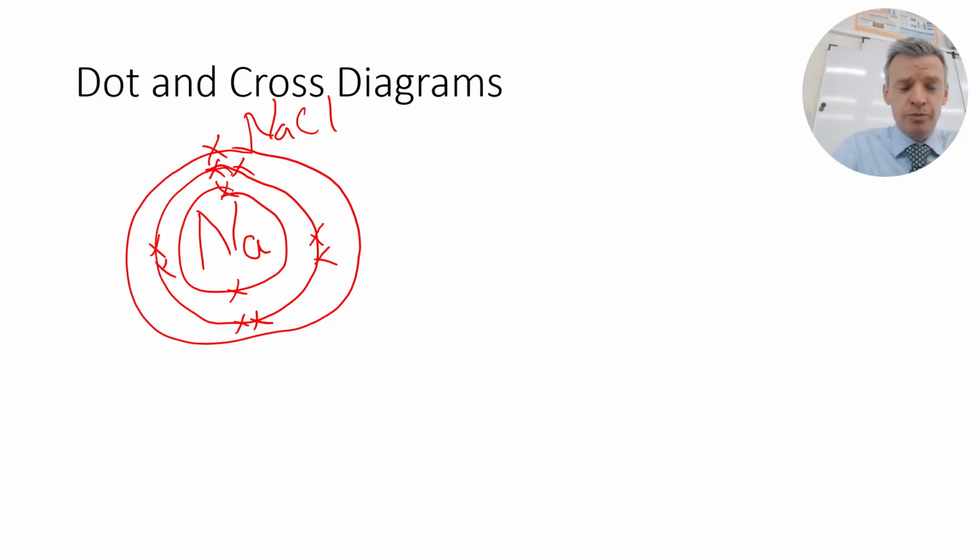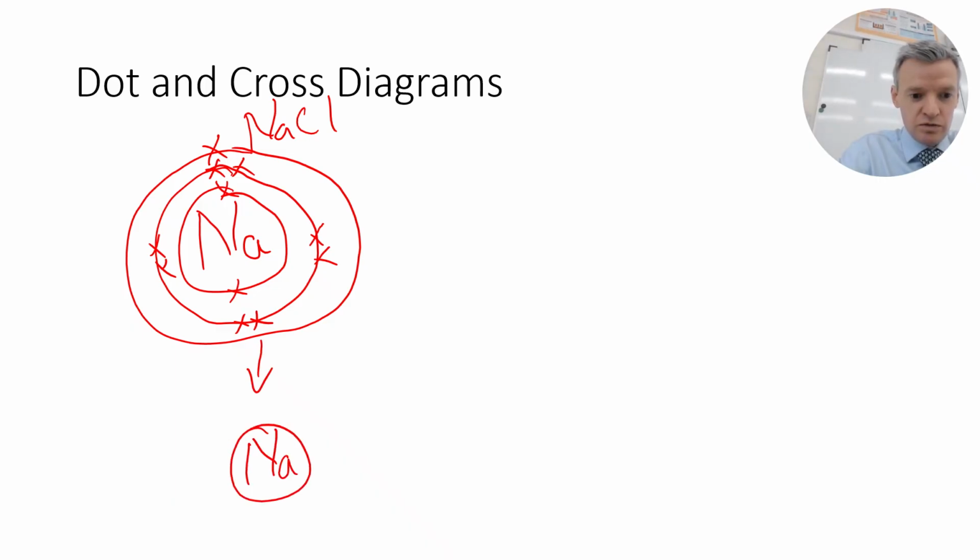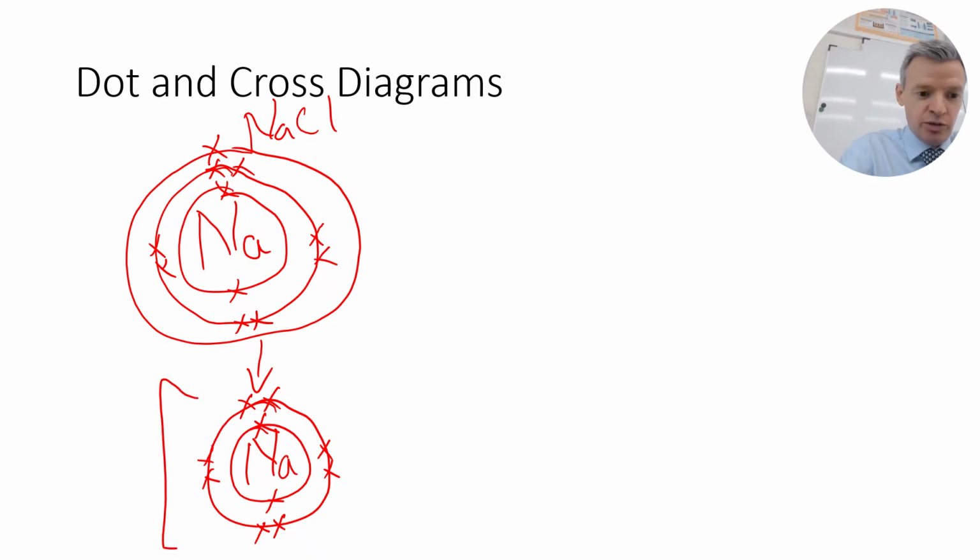And remember what we said when we formed ions, metals always lose electrons to have a full outer shell. So the ion becomes 2 and 8, loses that outer electron. So you don't need to draw the outer electron. And you put a bracket around it, has a charge of +1.